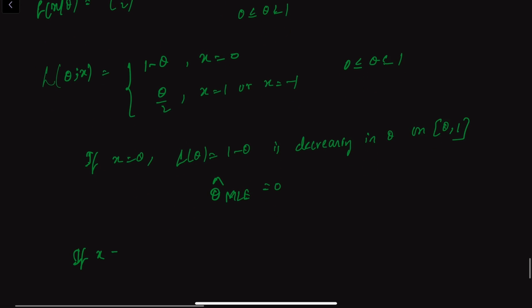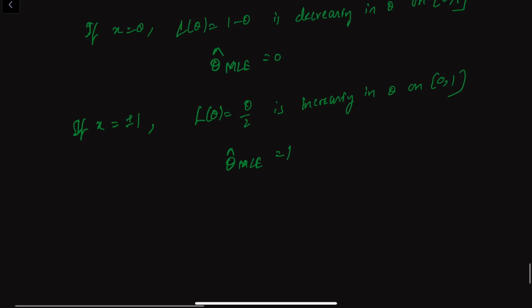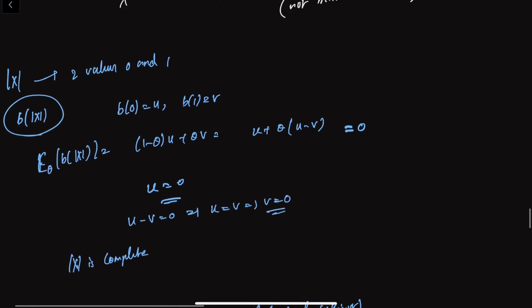Now if x is plus or minus 1, that is |x| = 1, L(theta) is theta/2, which is increasing in theta on 0 to 1. So theta hat MLE in this case would be 1. Therefore our MLE would be 0 if x is 0 and 1 if x is 1 or -1. So that's the maximum likelihood estimate of theta.